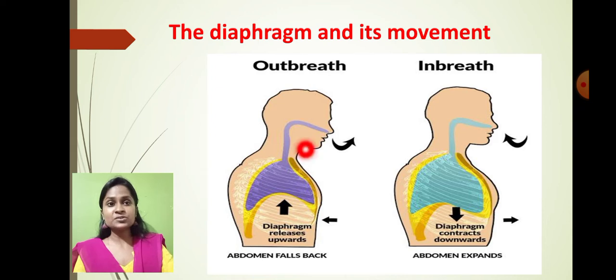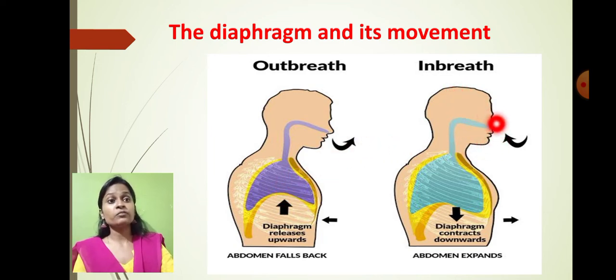During the out breath, we are exhaling carbon dioxide. When air is expelled out of the body, can you see the movement of the diaphragm? The diaphragm is shifted upward. And can you see here the in-breath process?